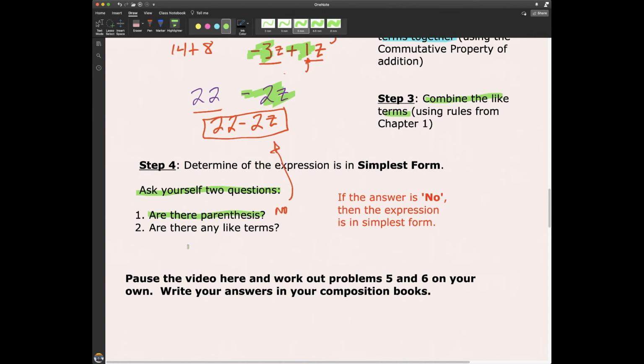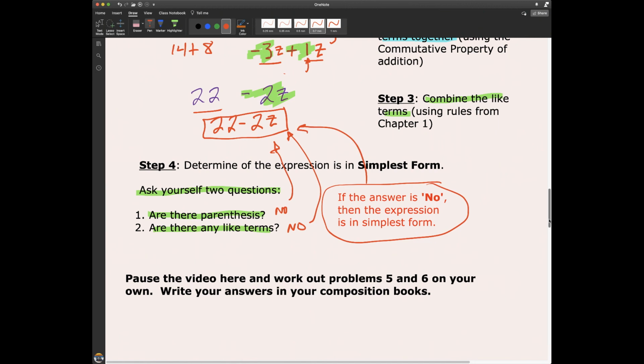The next question, are there any like terms? Again, no, there are no like terms. And if you answer no to both questions, then your expression is in simplest form.